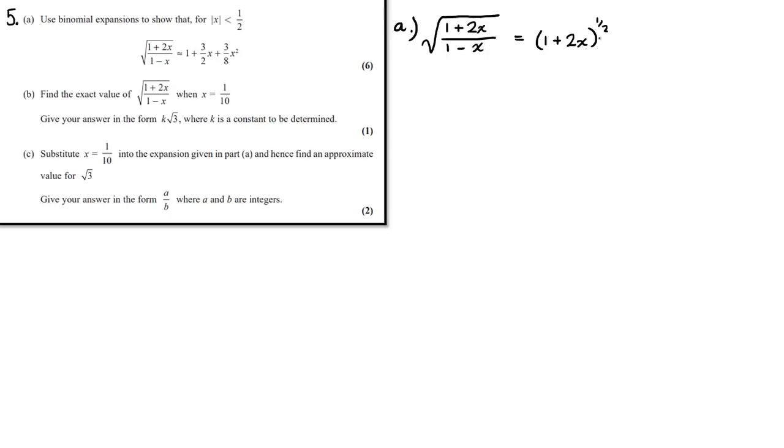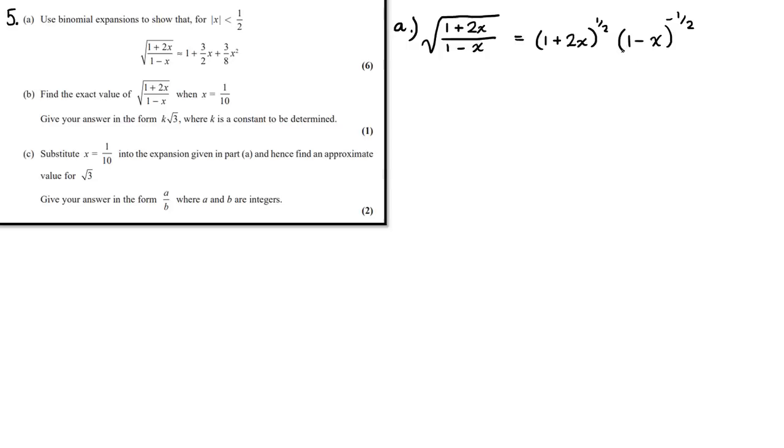So that's 1 plus 2x to the power of a half times 1 minus x to the power of minus a half. Okay, so we're writing this as a product now rather than a quotient. And again, it's the square root of 1 minus x, but it's as a product now, so it must be minus a half.